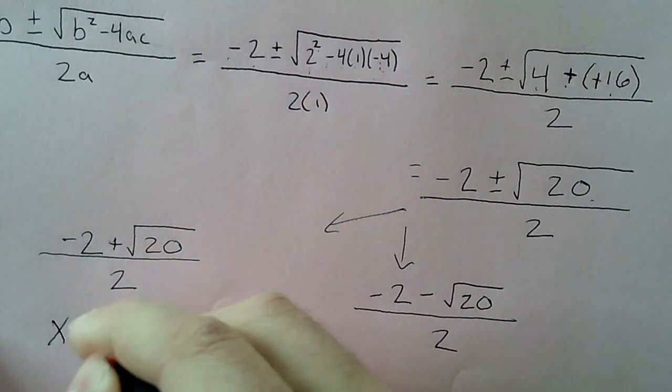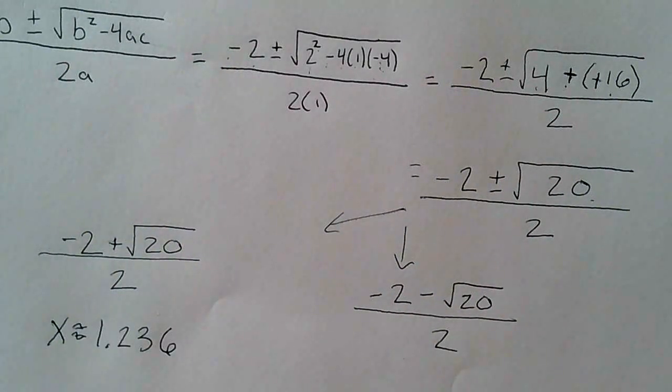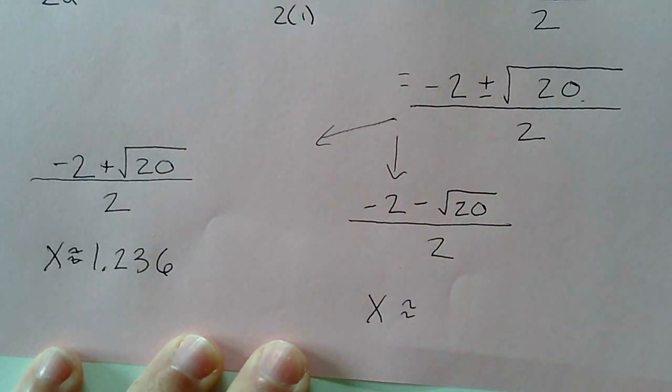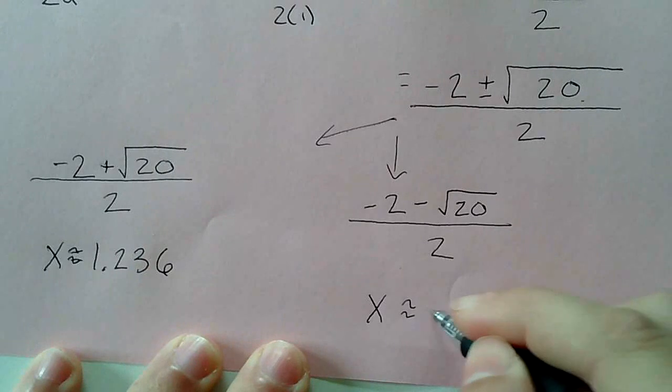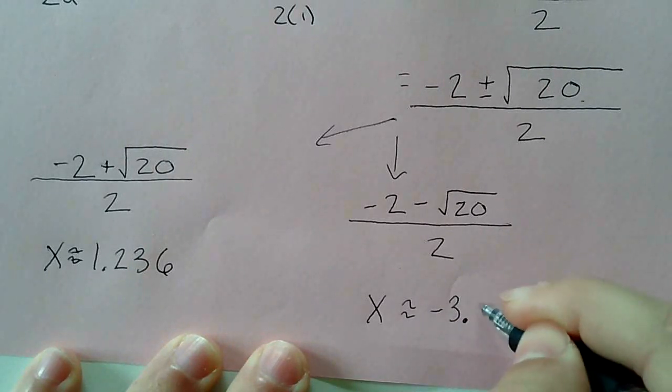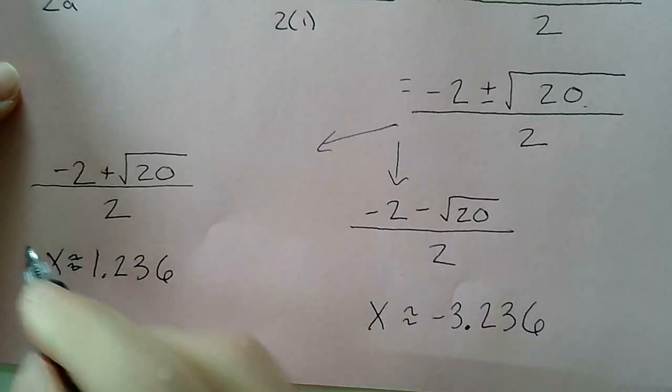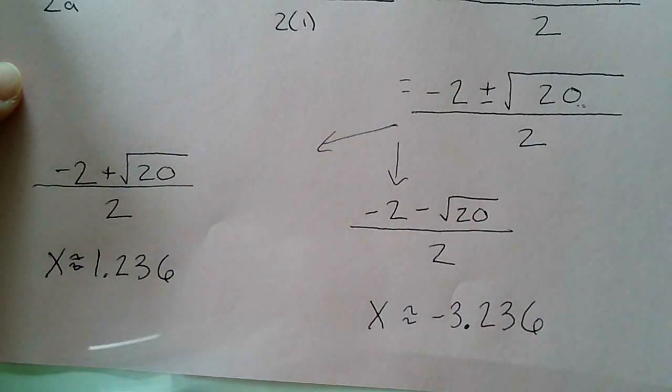And we might put an approximate there because it's rounded. And then for our other value, x is about -3.236. And again, we had two intercepts because we had a positive discriminant.